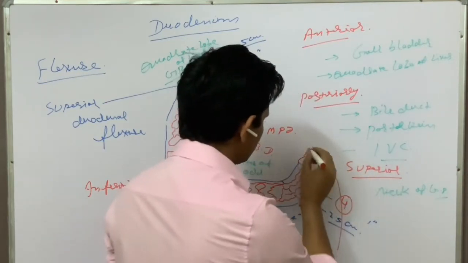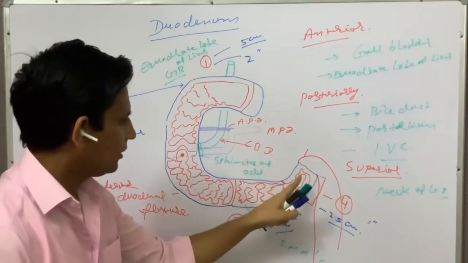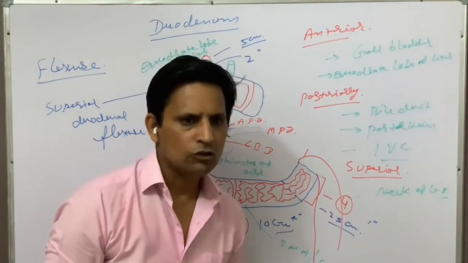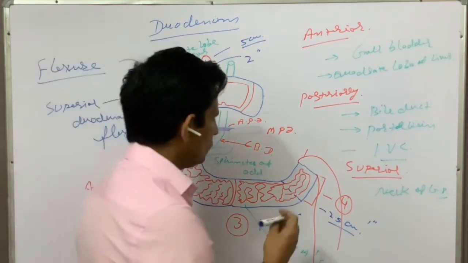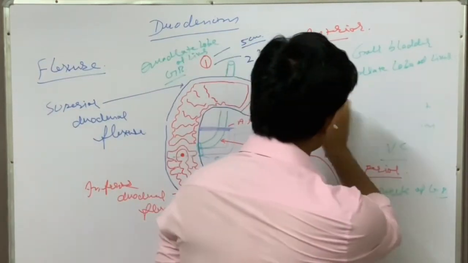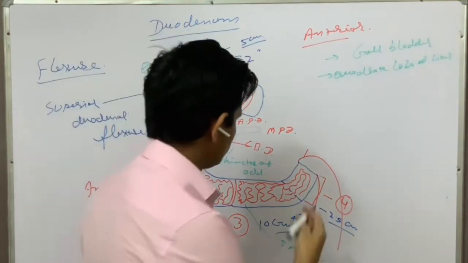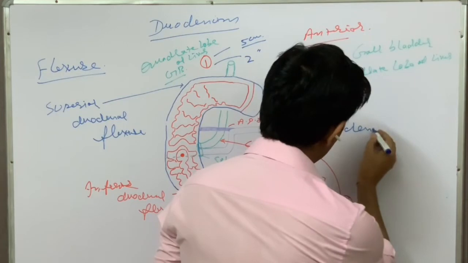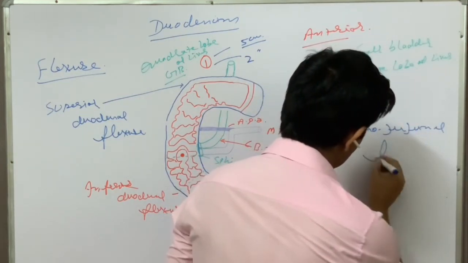This flexor connects the duodenum to the jejunum, and that's why it is called the duodenojejunal flexor.